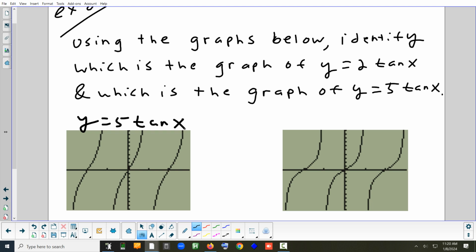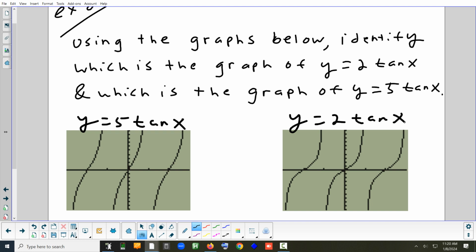Yeah, so the one on the left is more stretched out. It's more of a vertical stretch. Think of it like a piece of metal, and as you started pulling on it more and more, the curve would start to straighten out a little bit. It wouldn't be as sharp of a curve. So the one on the left is the 5 tan x, and that's the 2 tan x.